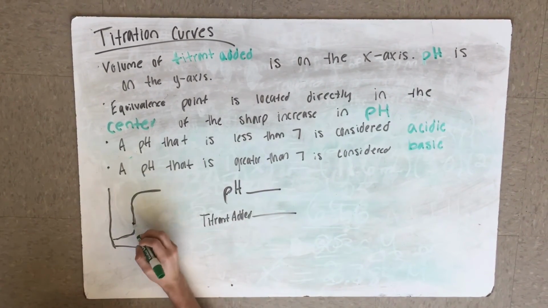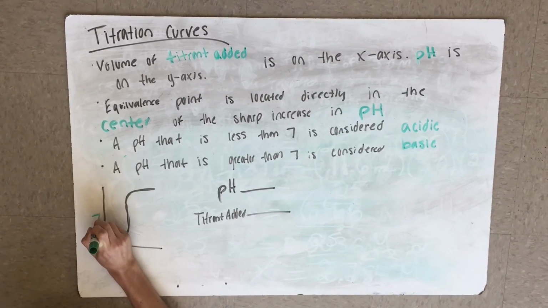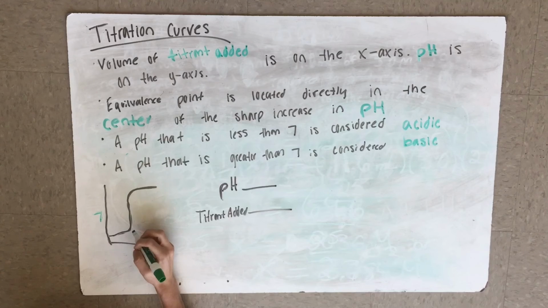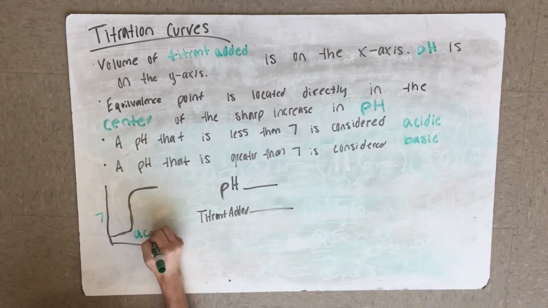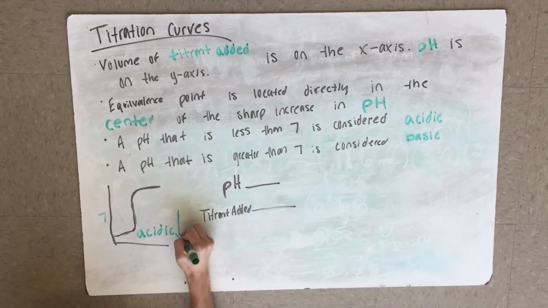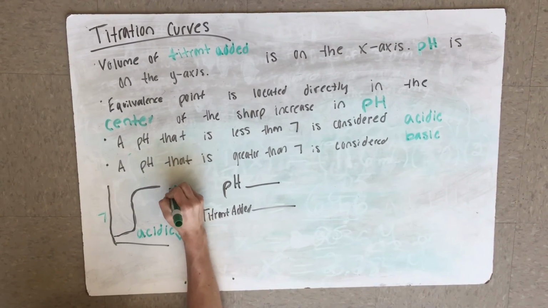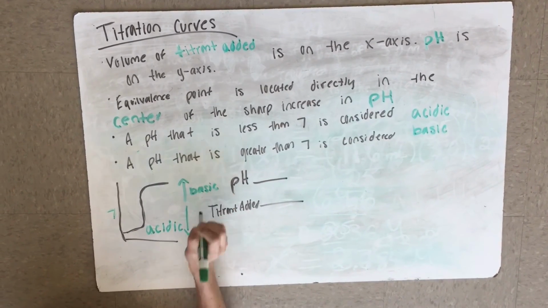So the acidic region should be located below where the pH is 7, so that should be about from here down. And then the basic region should be above 7, so about right there.